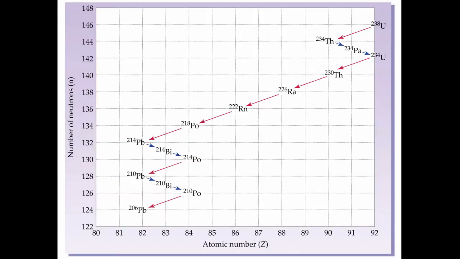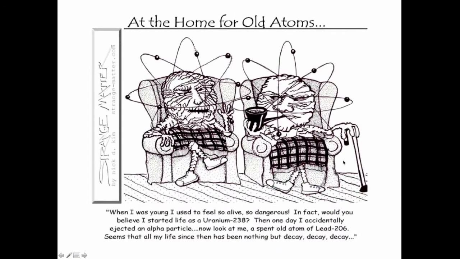Here is an example of a nuclear decay series. We have uranium-238 undergoing alpha decay, then beta, then a bunch of alphas, a few betas, alpha, beta, alpha, and it doesn't stop decaying until it forms lead-206 isotope, which is stable. And this is what it's like at the home for old atoms.